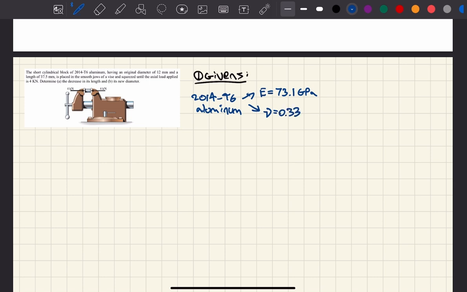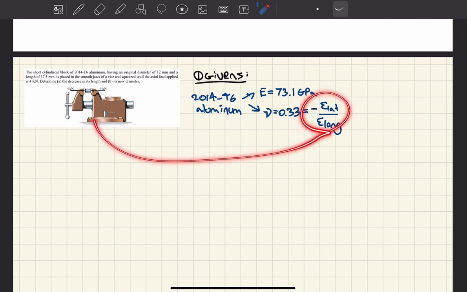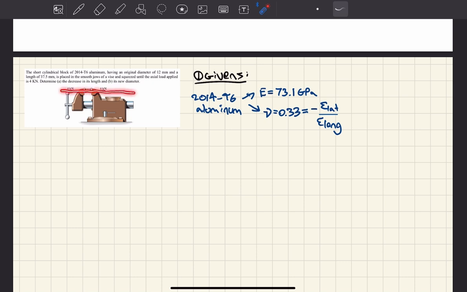And what does Poisson's ratio describe? Well, it relates the lateral strain in a material to the longitudinal strain. And what does that mean physically in this diagram? If this is my longitudinal axis and this is my lateral axis, and I apply a force longitudinally, how do these two relate to each other?